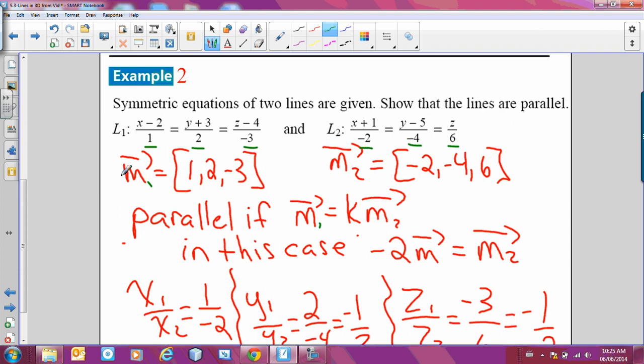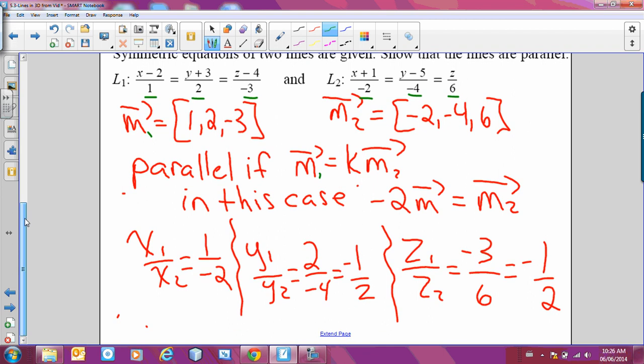And so really what you're asking is, is there a k value, a constant value by which I can multiply this to get this value over here? If it's fairly obvious, as it is in this case, we can simply work it out. If it's not quite as obvious, we have some other options.